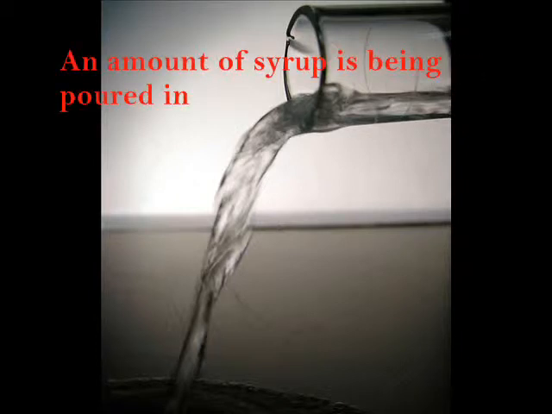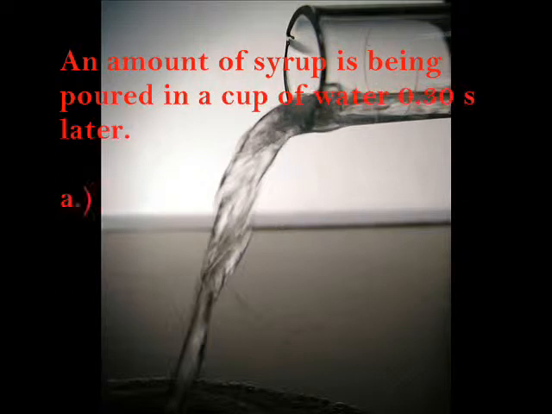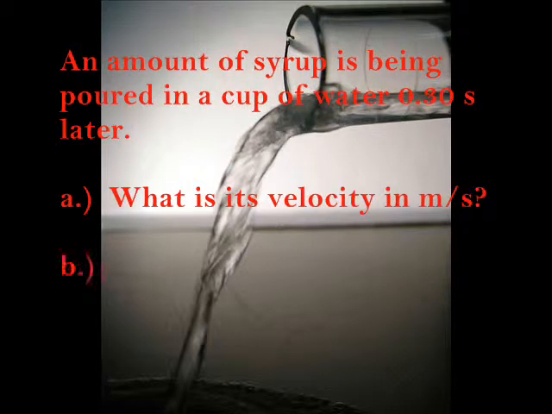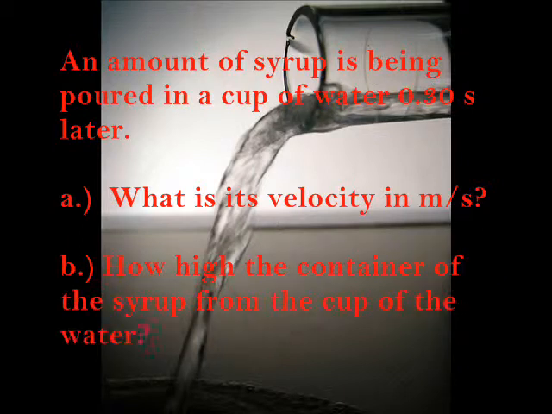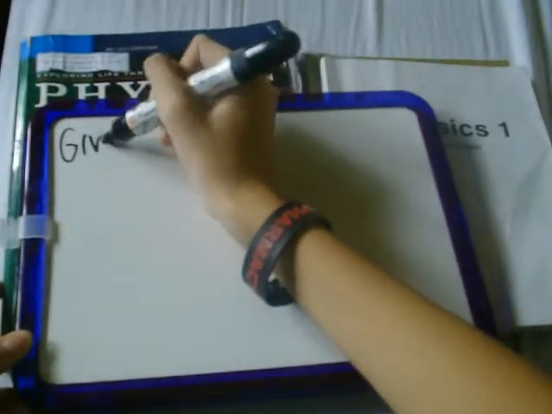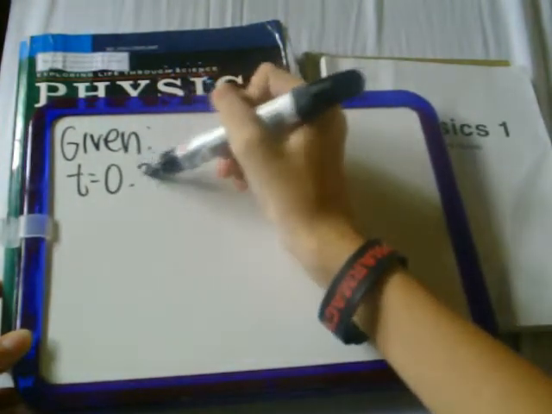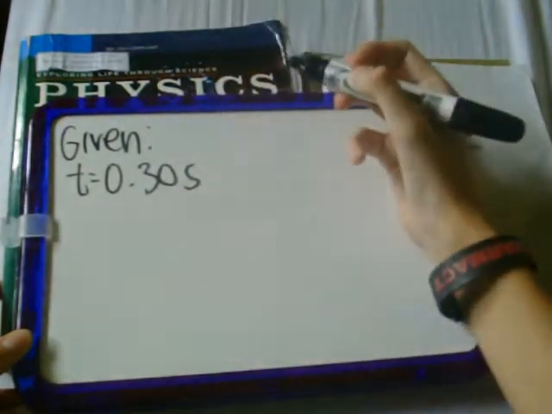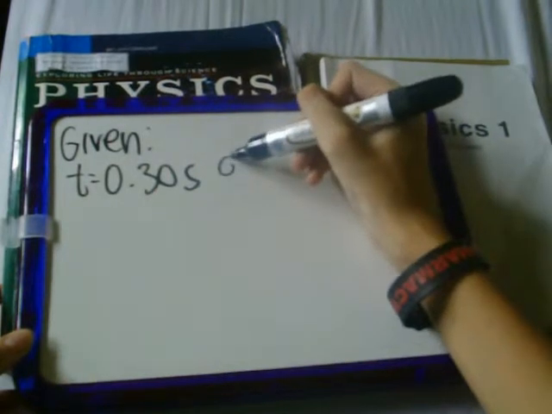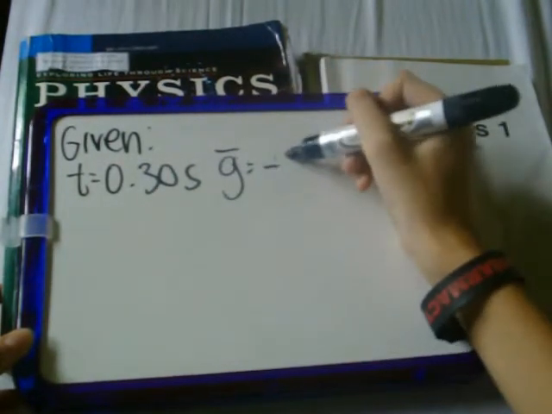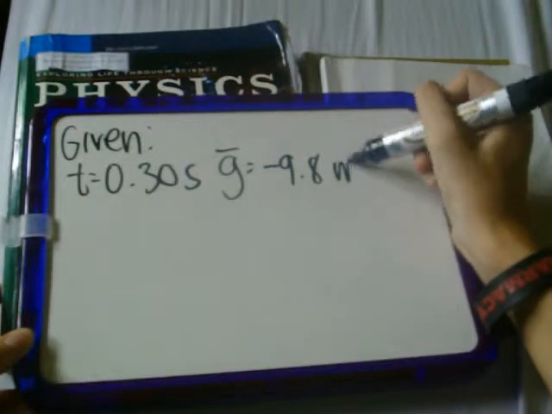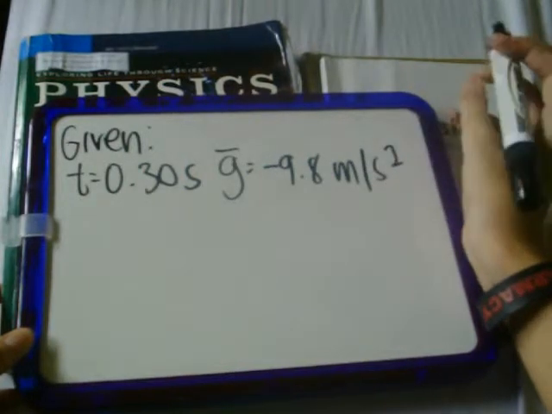An amount of syrup is being poured in a cup. 0.30 seconds later, what is its velocity in meters per second? How high is the container of syrup from the cup? The given values are 0.30 seconds for time and negative 9.8 meters per second squared for the approximate value of acceleration due to gravity.